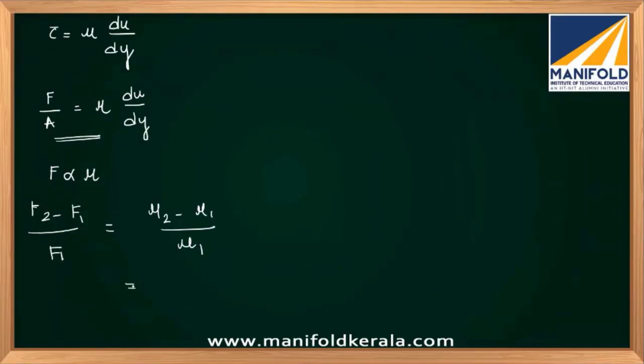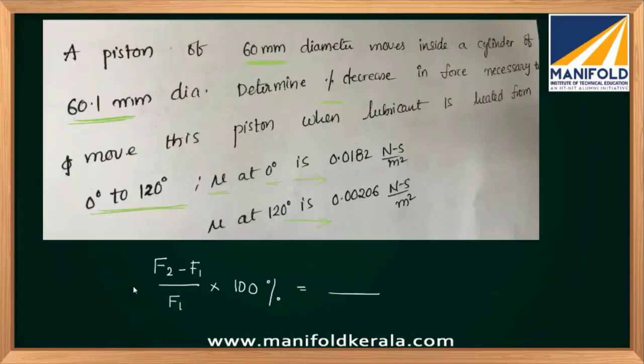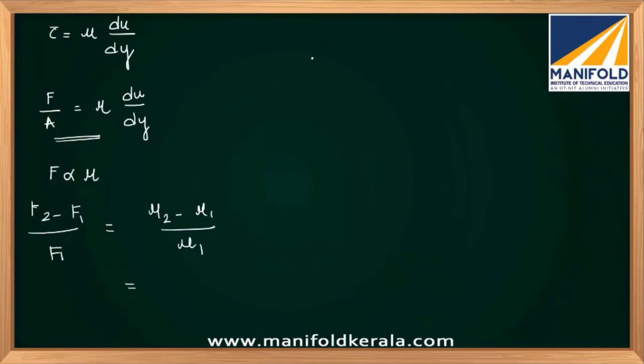What is mu2 and mu1? Mu2 and mu1 are nothing but what he has clearly given you at 0 degrees centigrade and 120 degrees centigrade. Initially at 0 degrees, this is mu1, this is mu2. So that will be 0.00206 minus 0.0182 by 0.0182.